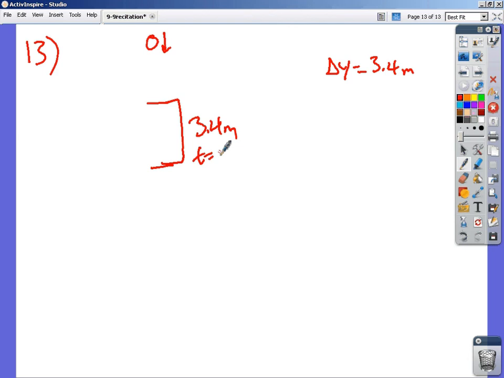So what are we looking for? When you see a whole bunch of deltas, what type of equation do you think you're going to be using? A definition equation. Yeah. Because those are the ones that deal with changes the most. So which one has all of these in it?